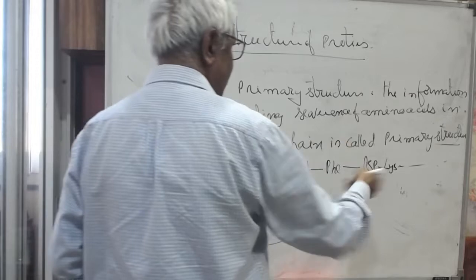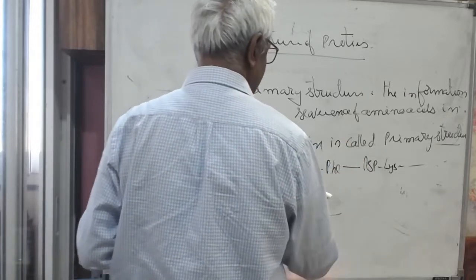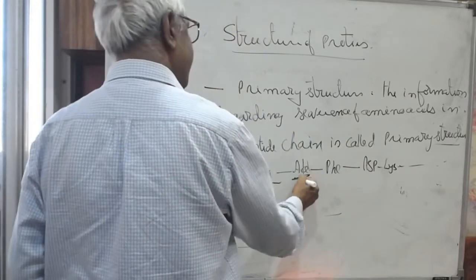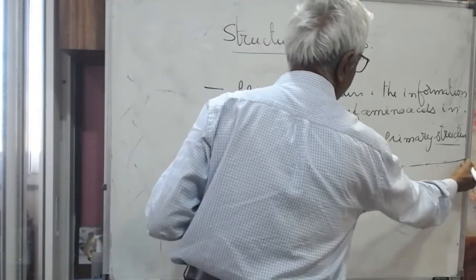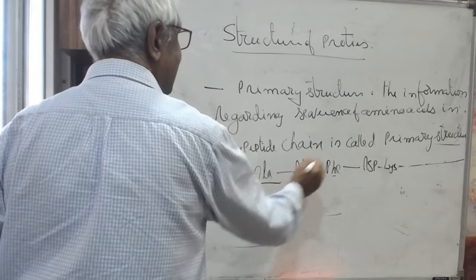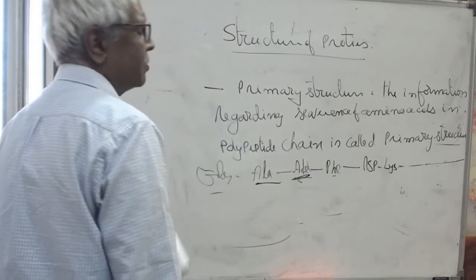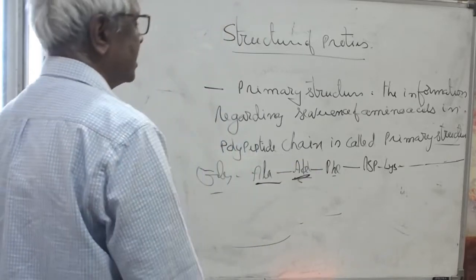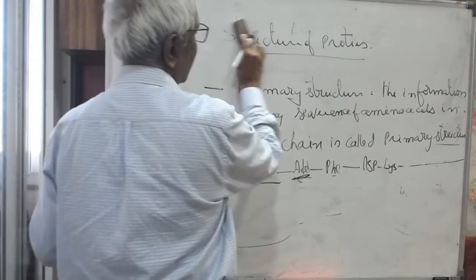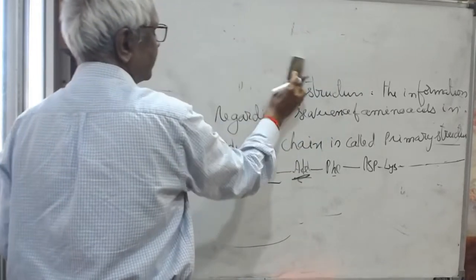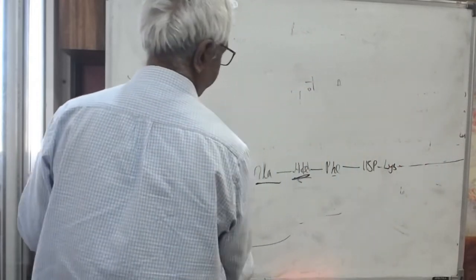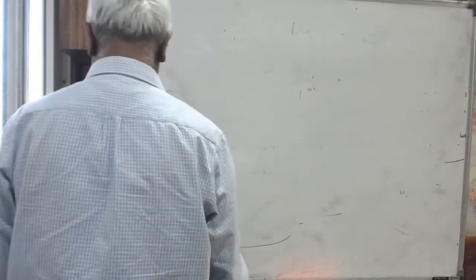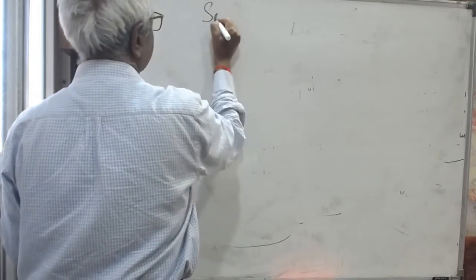These amino acids may not repeat exactly, may repeat next, then again some other, like this. So a macromolecule is formed. What sequence of amino acids they have in the polypeptide chain, that information is called primary structure. Then secondary structure.